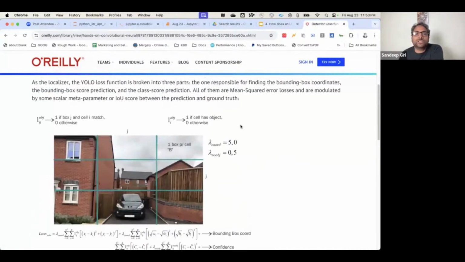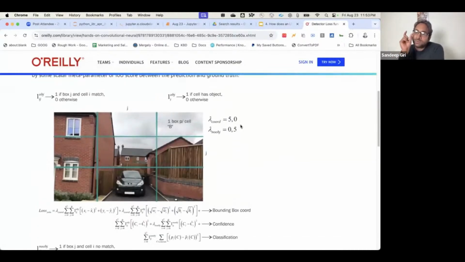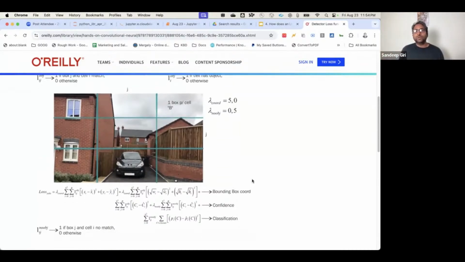It is trying to guess the value of the coordinates on the screen, like the XY coordinate, the width and the height of the image. And then it's also classifying each block into an object. So you can see the most beautiful loss function ever.